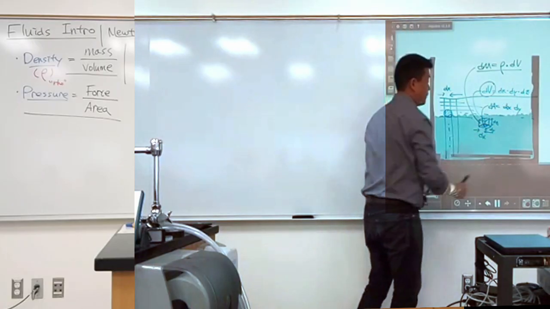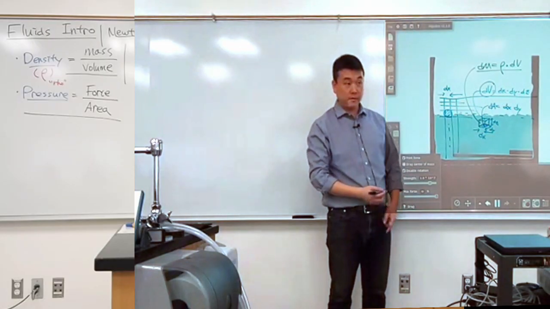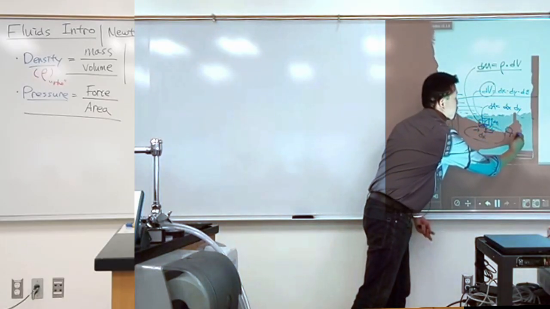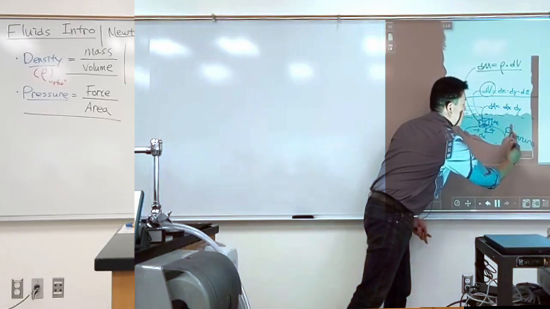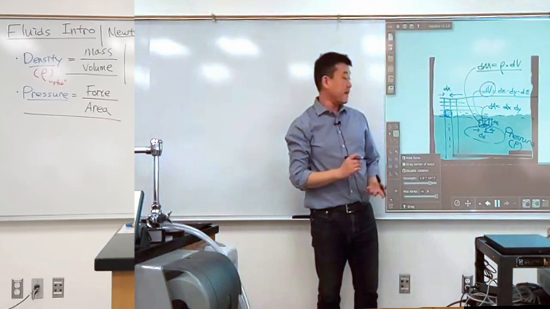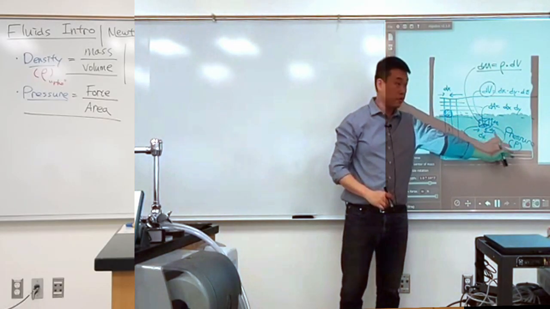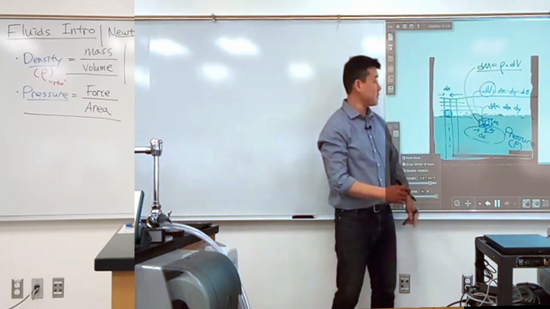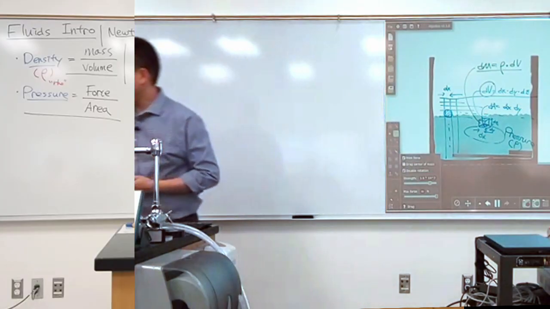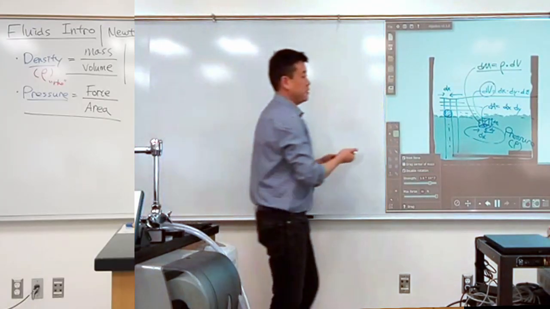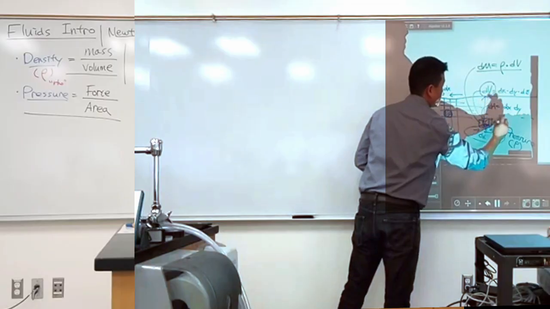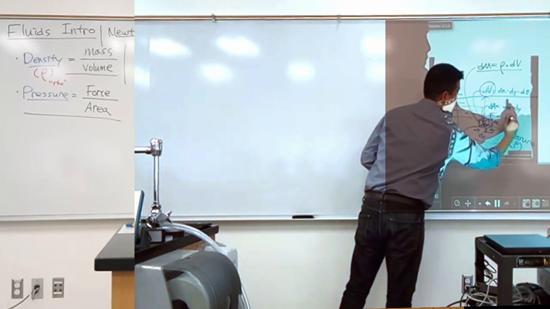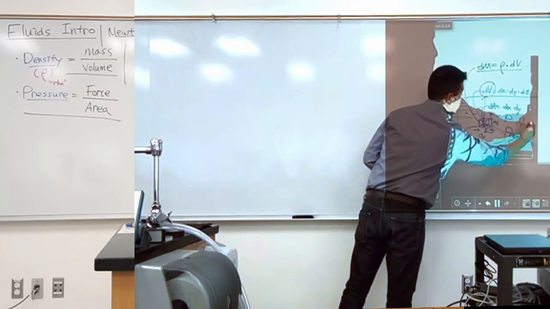That's the area of this element. And if I know the pressure down here, let me just call it capital P, then I can relate this pressure to the amount of force on the bottom surface of this element. I can say on this object, there is an upward force that can be described as pressure times the area.